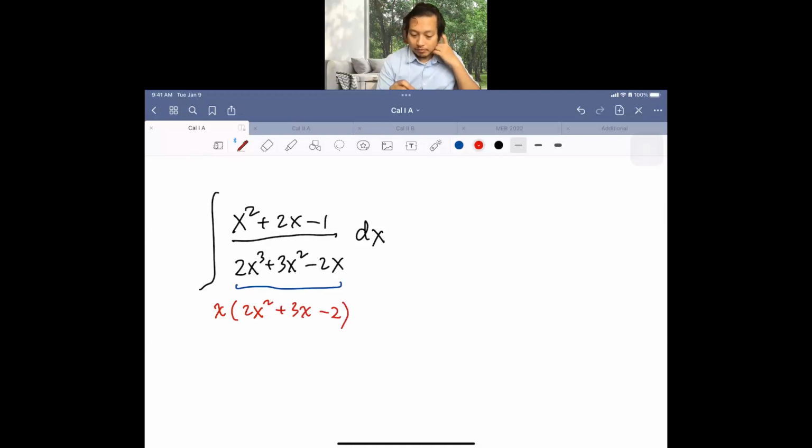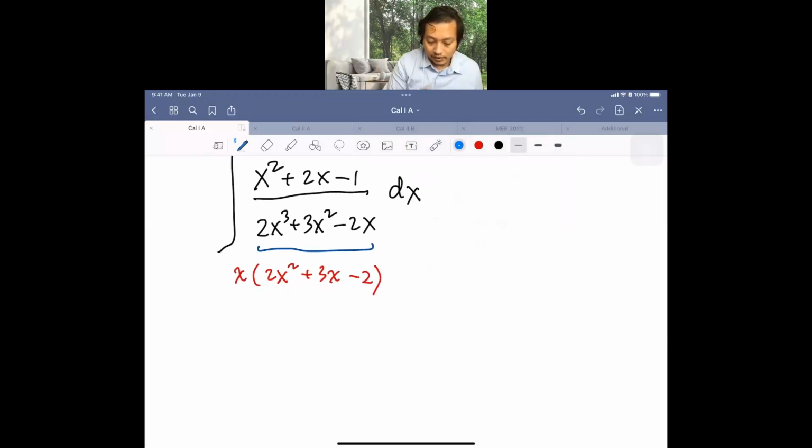And my preferred method to factorize this, because it's not x squared, it's 2x squared, is taking this into a table. This 2x squared, we can imagine is a multiplication of x and 2x, so we write 2x and x. Then for minus 2, maybe this is 2 with minus 1. Then we cross multiply.